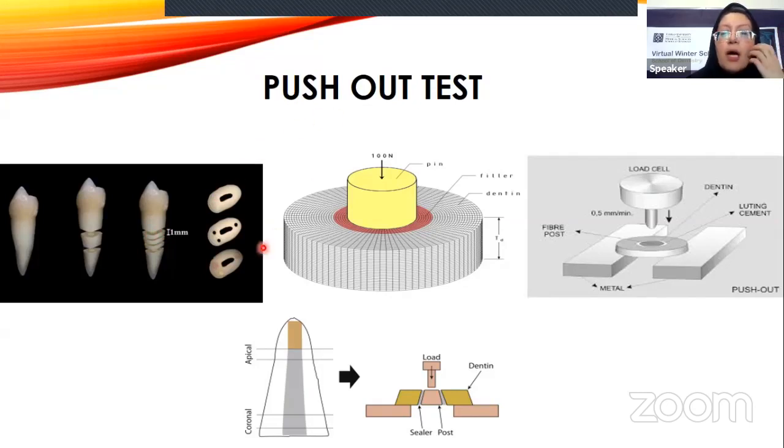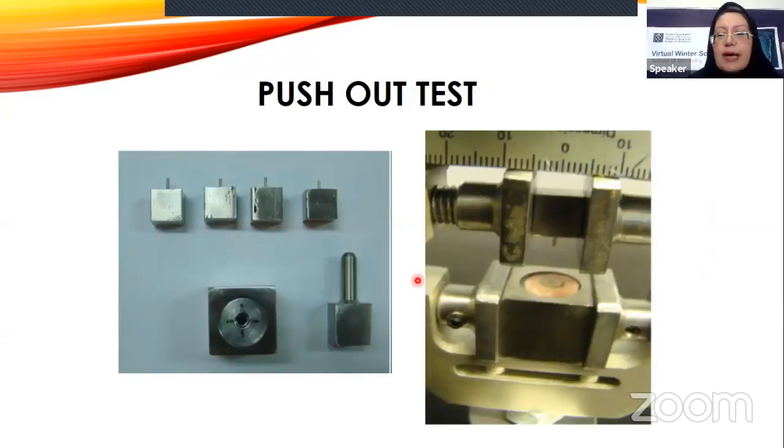This is a suitable test method for many endodontic materials. For this test method, first we fill the root canal with any material that we want to test. After that, we prepare different sections, usually 1 millimeter sections, and prepare them as a disc. These are our accessories for the push-out test in our department.